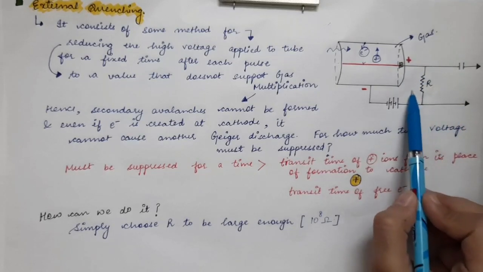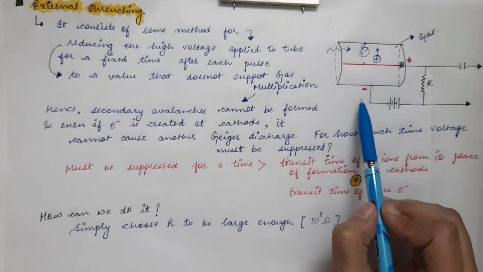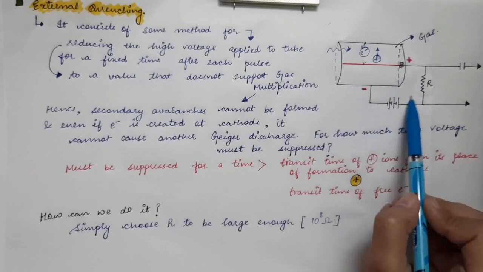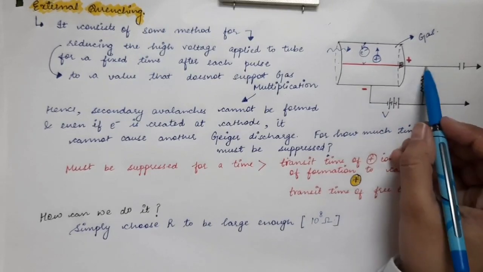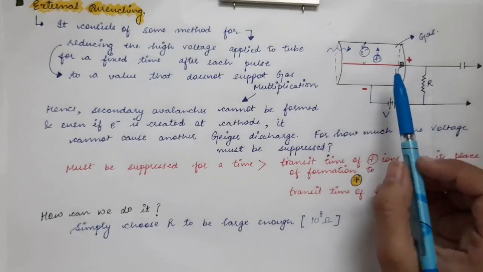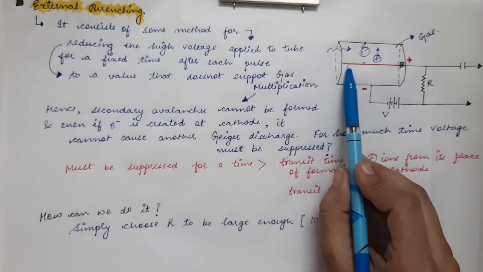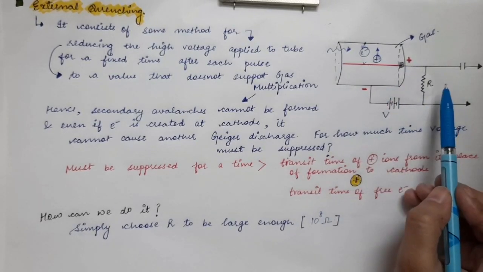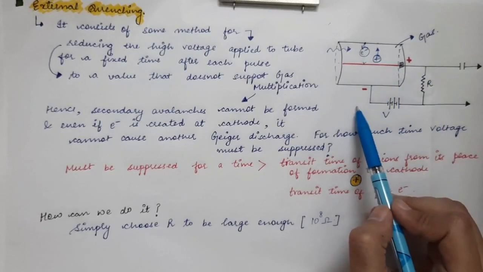So if the voltage across R is large, the voltage across the GM tube will reduce. You can understand this by Kirchhoff's law. In this closed loop, the total voltage is the voltage across R plus the voltage across the GM tube. If current is flowing in the circuit after the first pulse, the voltage across R increases, and hence the voltage across the GM tube will decrease.